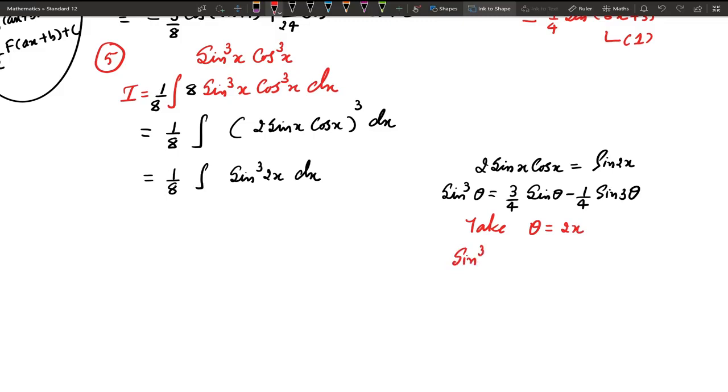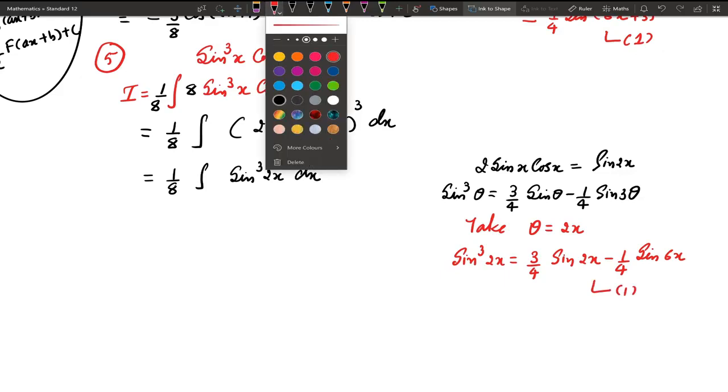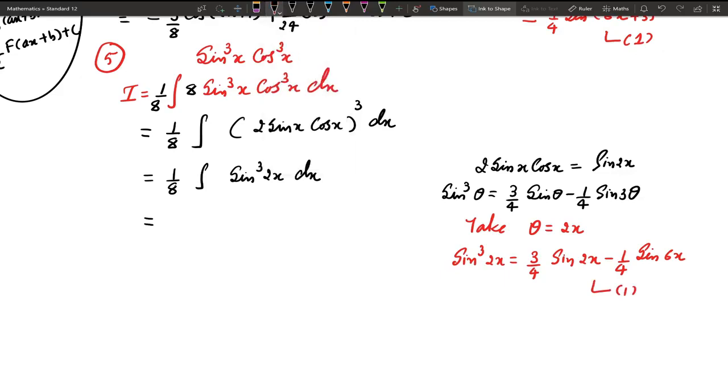So sine cube 2x will be 3 by 4 sine 2x minus 1 by 4 sine 3 into 2x, that is 6x. See result 1. So now we can replace this one.